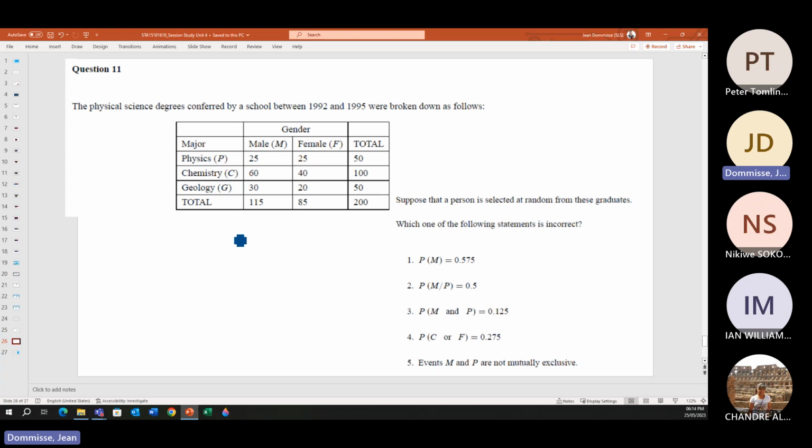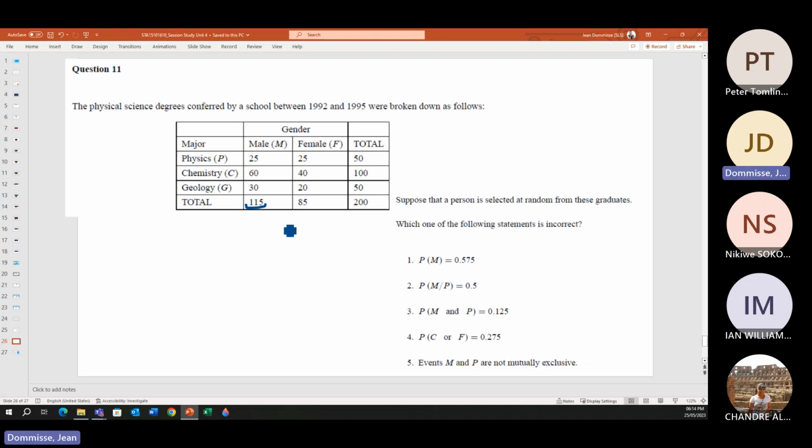Then the last one. So in the last one, they give you all of the numbers, they give you the total. Then they ask you to work out a few things. So they ask you to work out what's the probability of M. So what's the probability of the person being male?